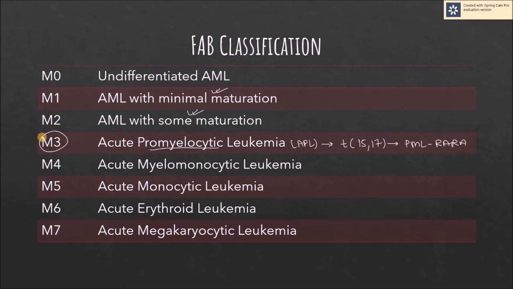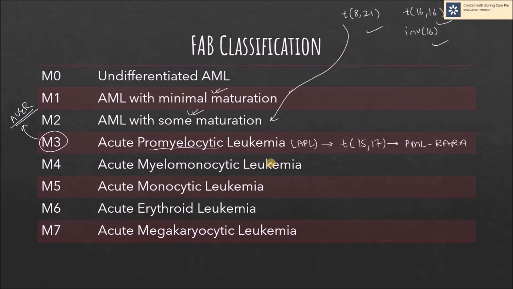Also, Auer rods are most common with the M3 variety. Then other translocations are 8;21, which is more commonly seen in type 2, translocation 16;16, and inversion 16. So these are the other chromosomal translocations which can lead to AML.